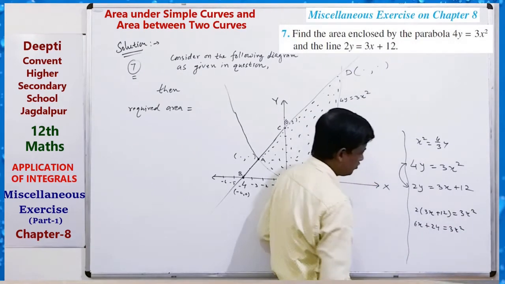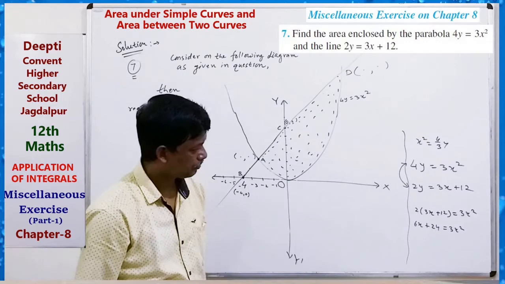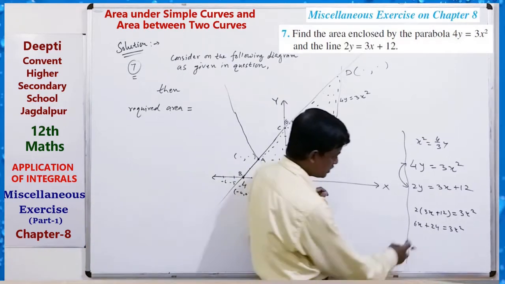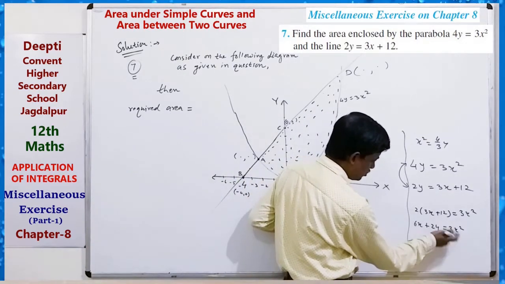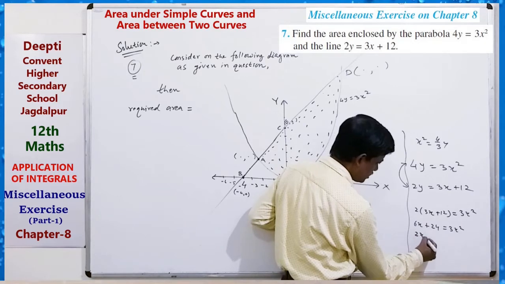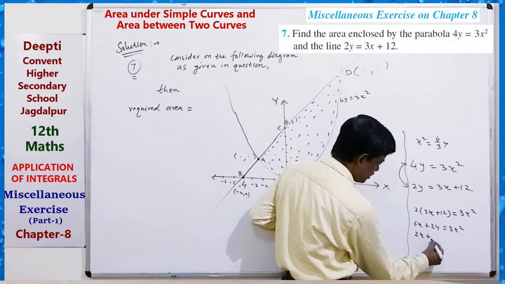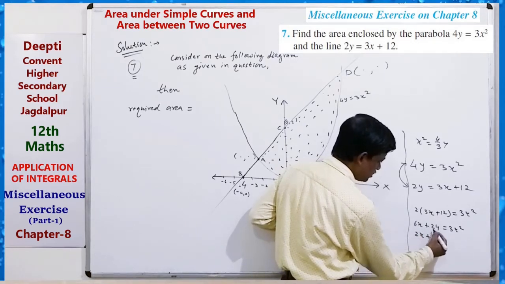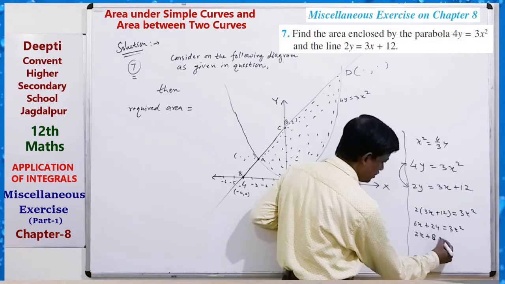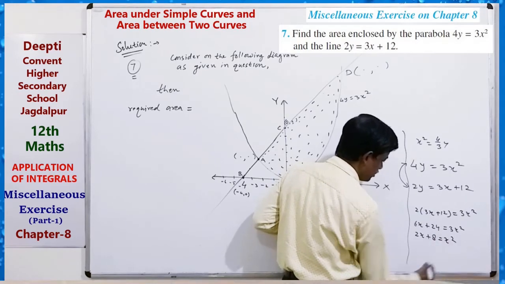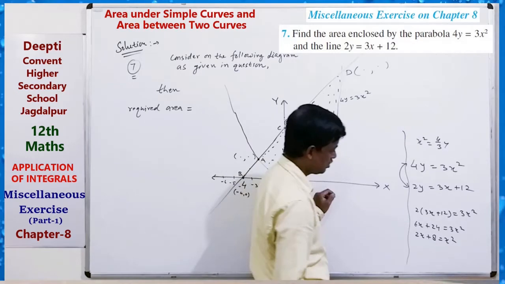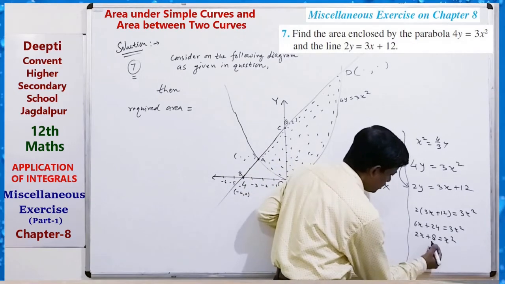Here now we can divide by 3. 2x plus 8 equals x square. Clear.